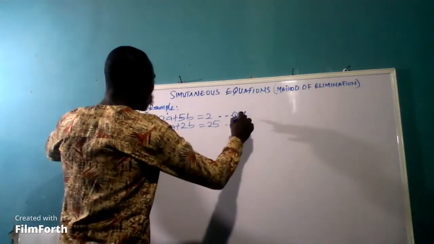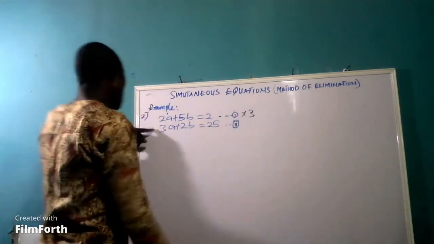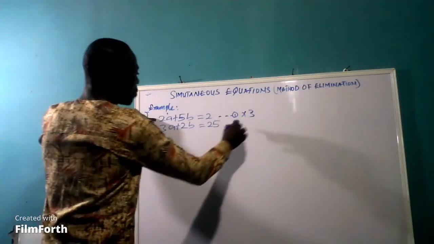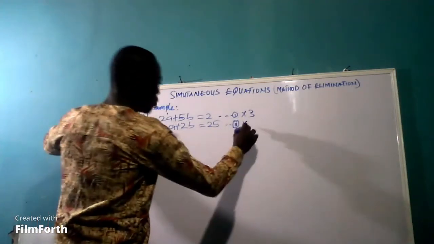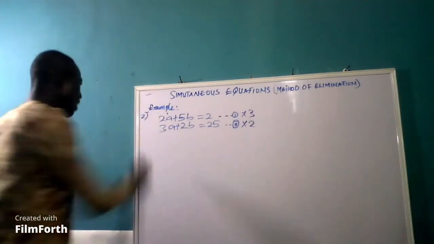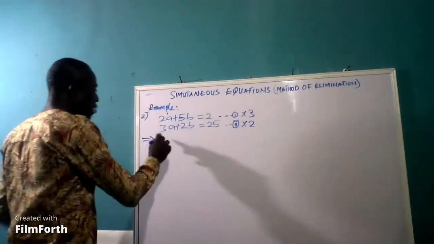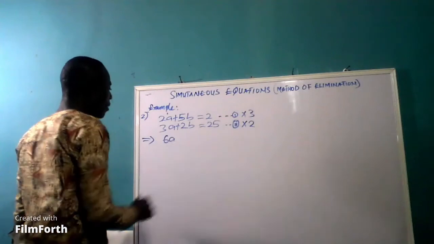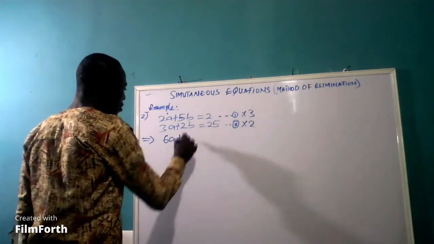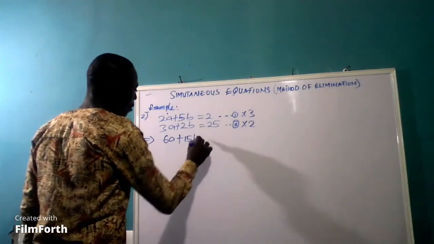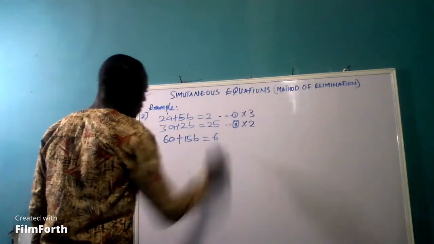That is the whole equation 1 multiplied by 3. And also, the whole equation 2 multiplied by the coefficient of a in equation 1. So that we'll be having 2a times 3, that will give you 6a. And 5b times 3, that will give you 15b equal to 6.